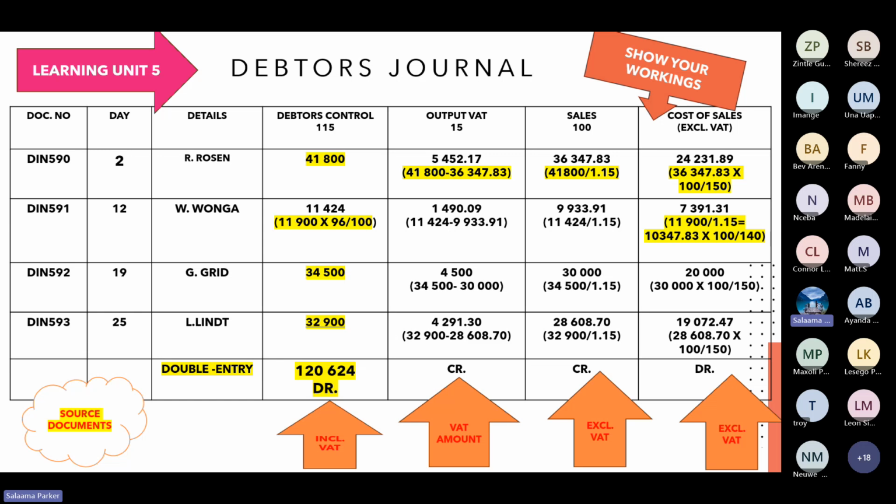So please just take note of all the different examples of transactions that could come up in your exams. One's with a trade discount, one without a trade discount. Okay. And then the transactions on the 19th and the 25th were similar to the transaction on the second.